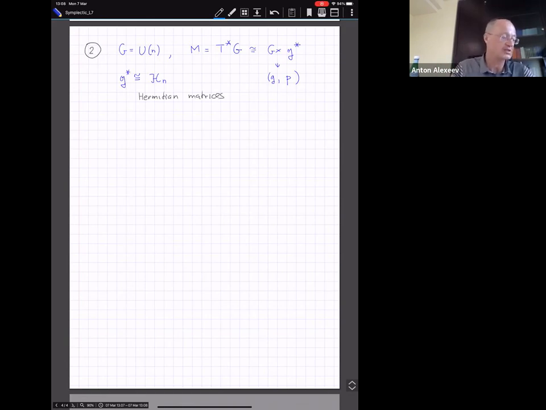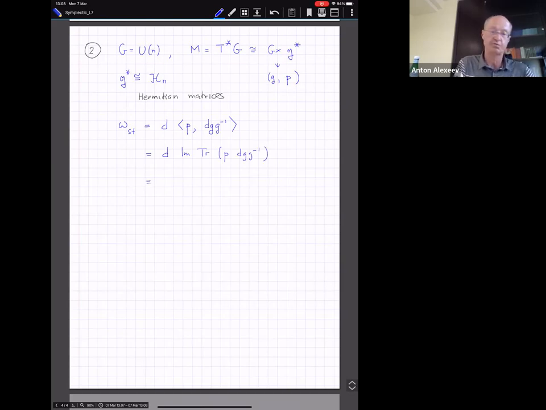Okay, so what is the action? In fact, there are two actions, but maybe let me first recall how the symplectic form looks. So the standard symplectic form in different writings. It is d of the pairing between p and the Maurer-Cartan form. Or we can also write it d, imaginary part, trace p dg g minus 1.